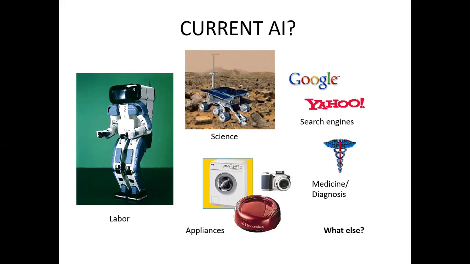There are hotels in Japan controlled only by robots, which means they are replacing human beings. In day-to-day life, we are using AI everywhere, like in your smart TV and cameras. Everything has artificial intelligence or knowledge to help you. Even in your search engine, in medicine, in diagnosis, AI is everywhere.